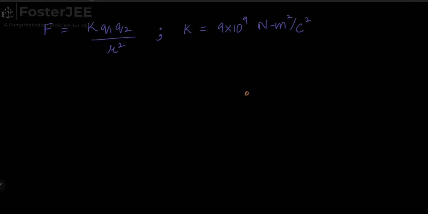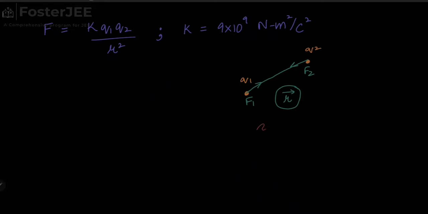Now, suppose we have one charge q1 here and charge q2 here. We have also seen that the force will act along the line joining the two charges. Suppose this force is F1 here and this force is F2 here. Now we can clearly see that the direction of force is the same as the direction of r vector, that is the position vector.